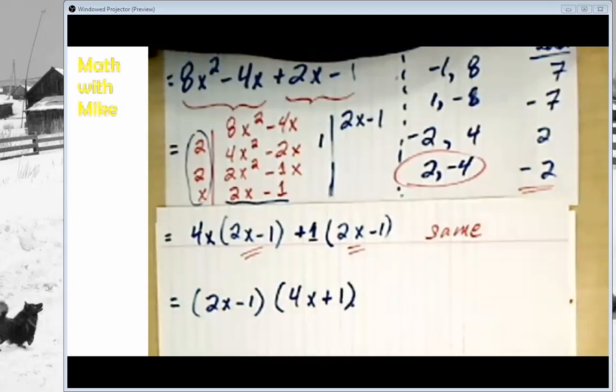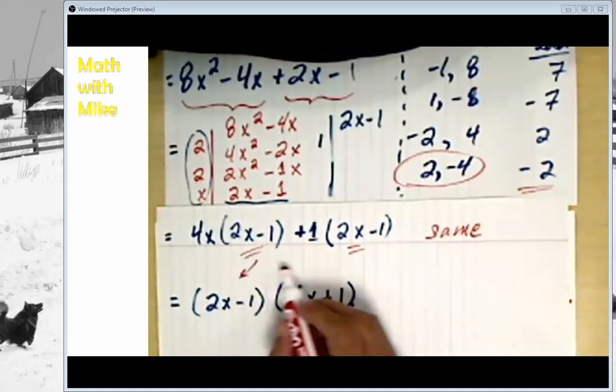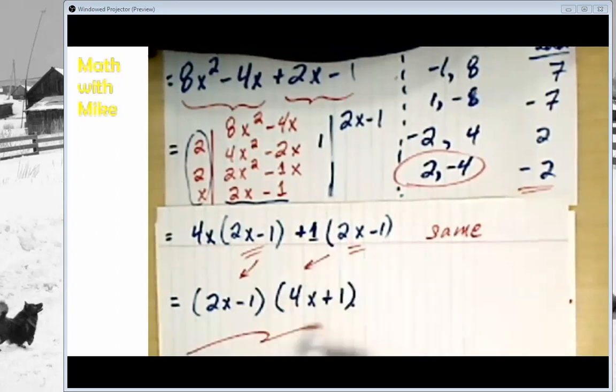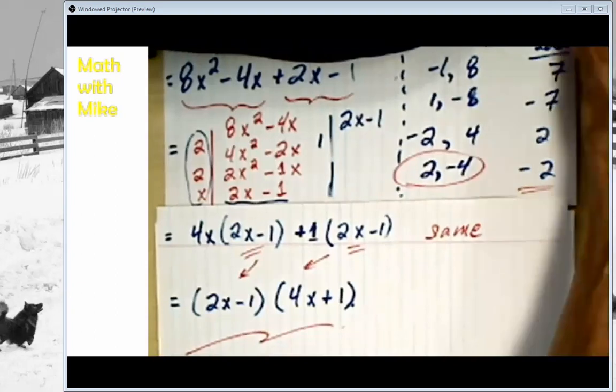We got the answer in class and the delayed answer from the other side of the world there. Both good. Okay, the 2x minus 1 goes out in front. Boom, just like that. Okay, so that was the first one there. Look back in time at factoring. Now the second one.